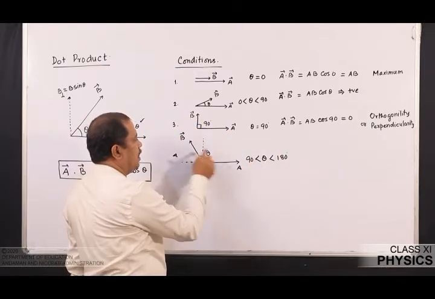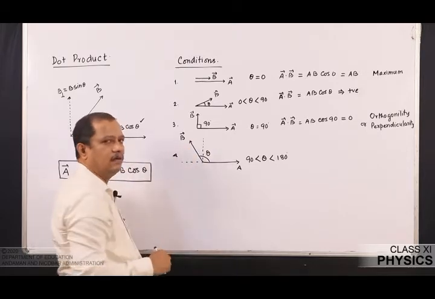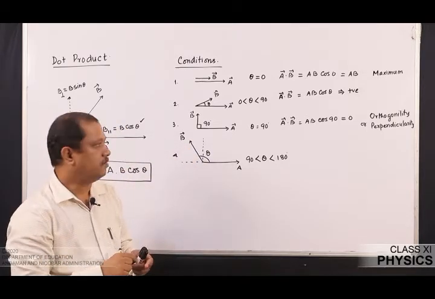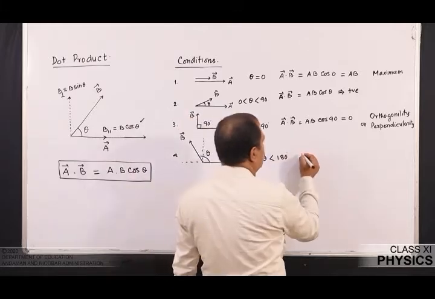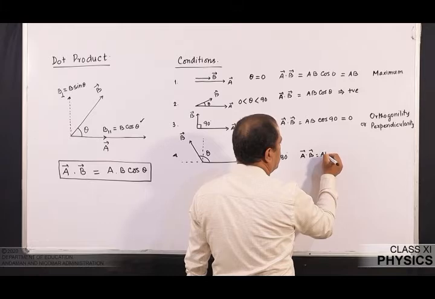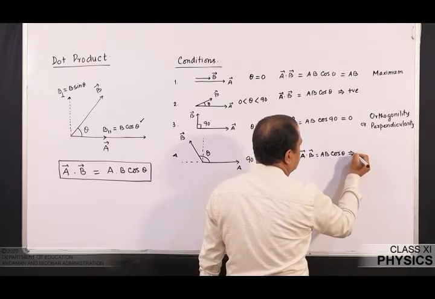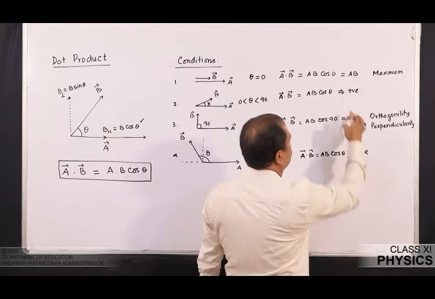This angle lies in the second quadrant, and in the second quadrant cosine is going to be a negative quantity. As such, my dot product A dot B, which is equal to AB cos theta, is going to be negative if I compare with this.